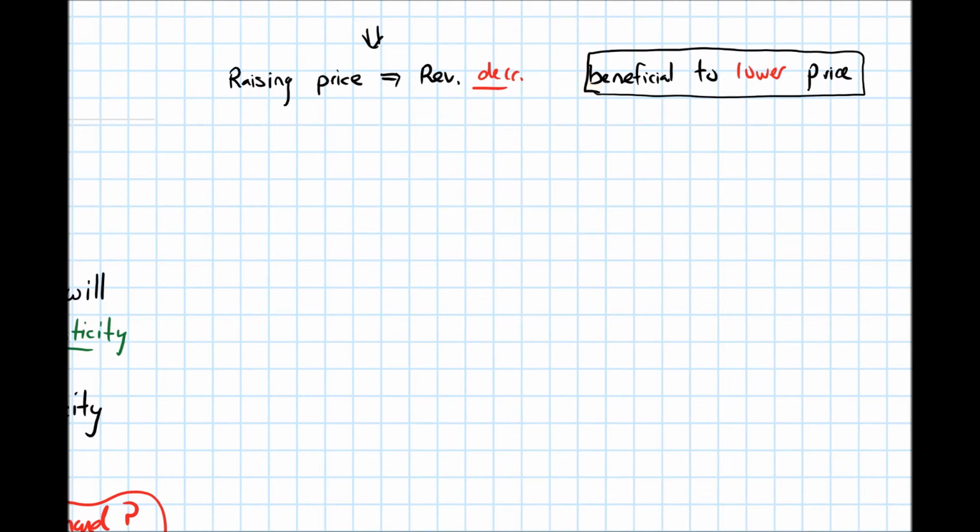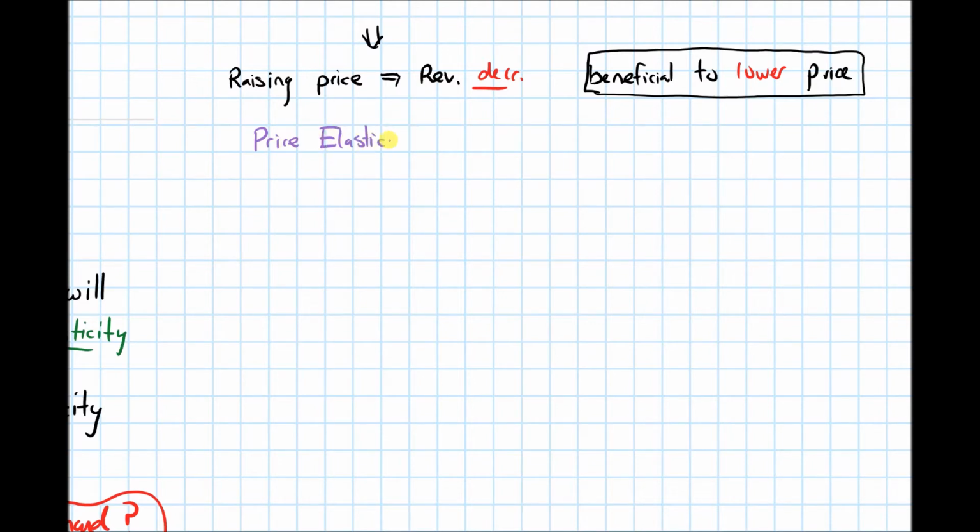Okay, so next I'd like to have some terminology to be able to talk about the comparative difference between percent change in demand and the percent change in price. So I'm going to call that the price elasticity of demand.